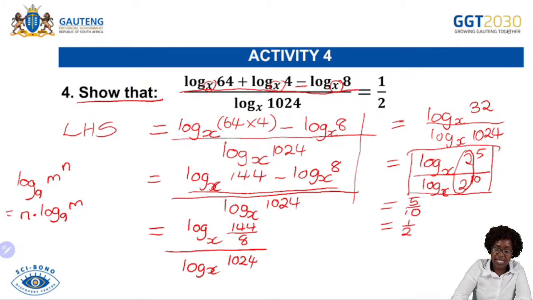So in our case, I would have taken down the 5 and multiplied it by the log of 2 to base x.